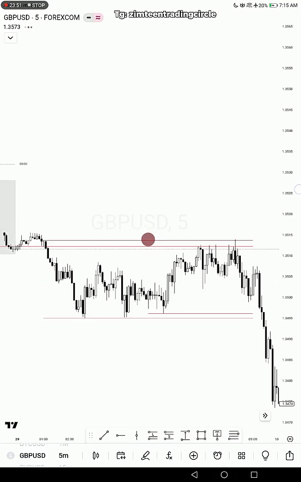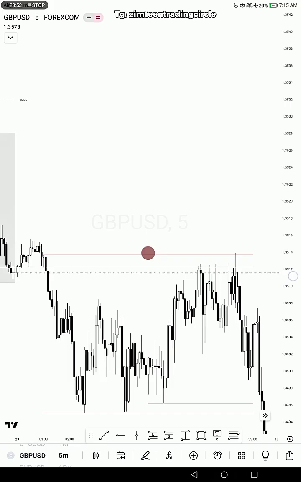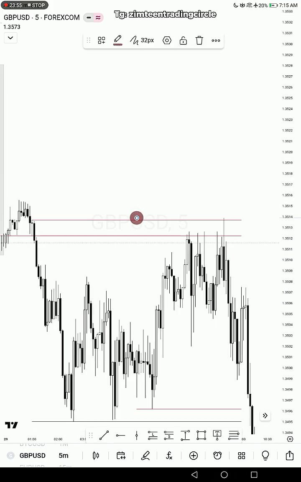Here it is on the 5-minute time frame. This is the manipulation right here.